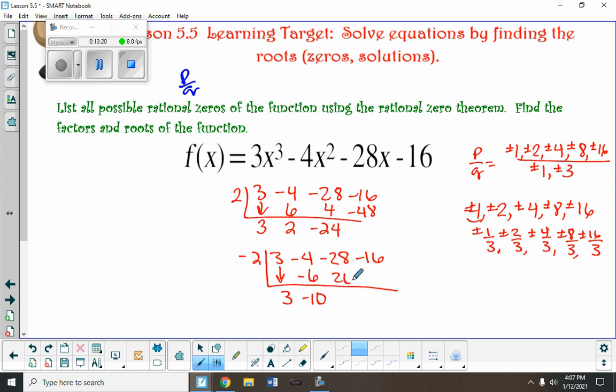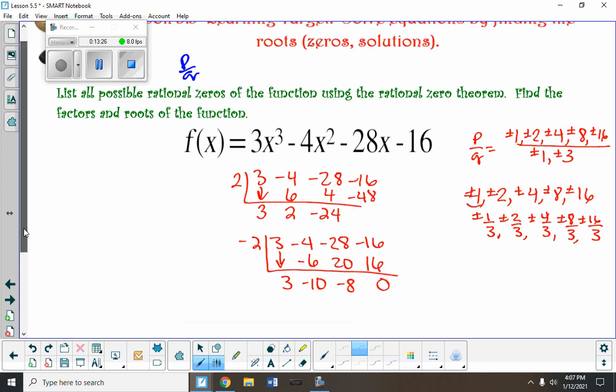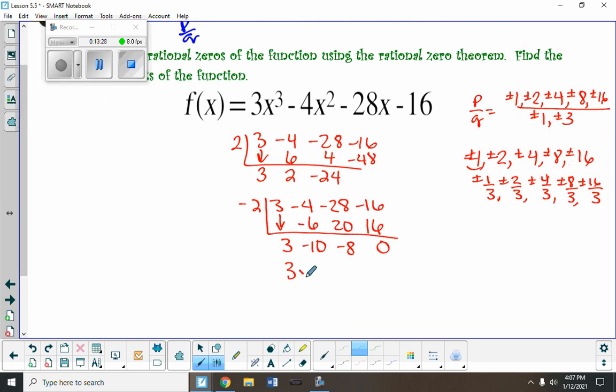That is 20, which is a -8, and that's a +16, and there we have it. So that would be 3x squared, now this is a cubed, so this is squared, minus 10x minus 8. Now, -2 worked, so I'm going to circle that. That's a root. So the factor was x plus 2, so that was the factor.